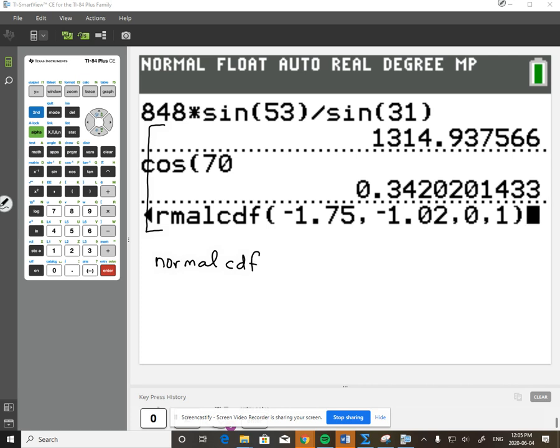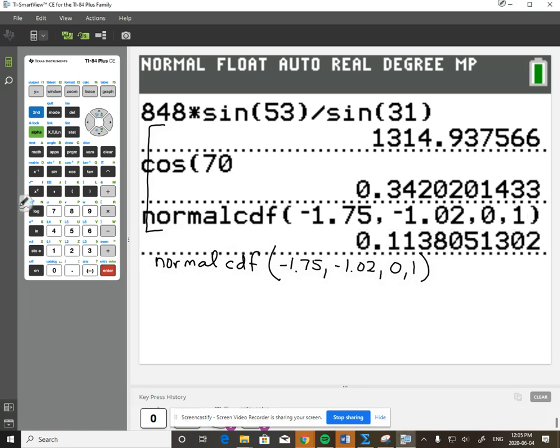You'll find that second DISTR and go to number 2, and it'll just pop up like this. It won't tell you to use the lower limit, the upper limit, the mean, and the standard deviation, so you would have to type in negative 1.75, comma, negative 1.02, comma, 0, comma, 1. Either way, once you do it, you'll get an answer.